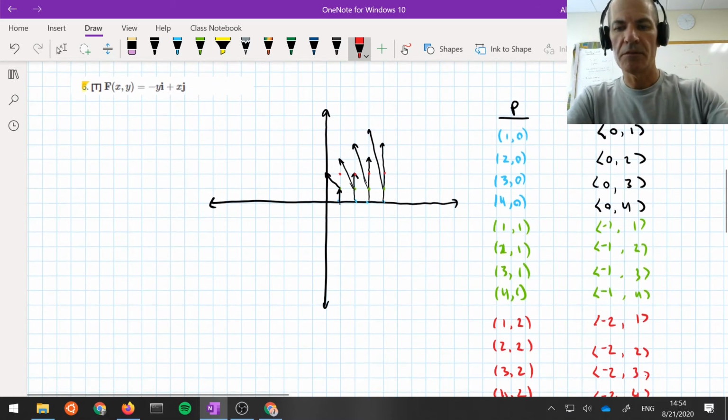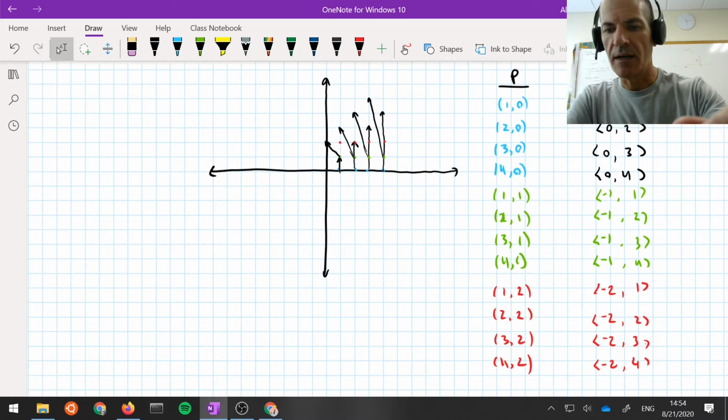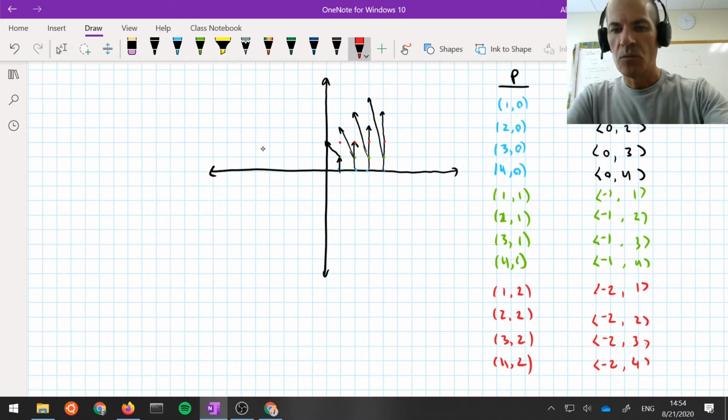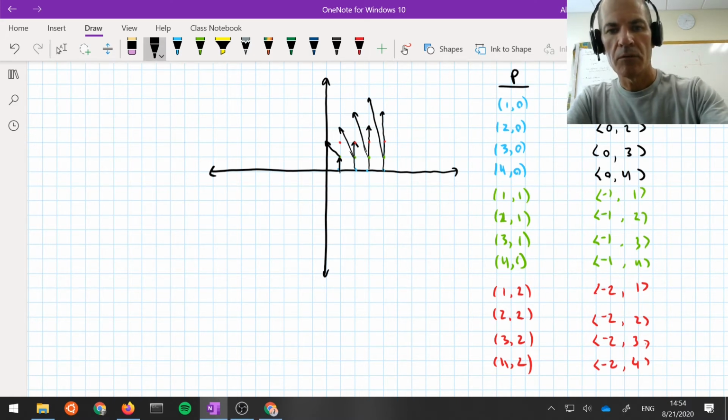All right, so let's do the red dots now. At 1, 2, we go 2 in the x and 1 in the y direction for a vector that looks like this. At 2, 2, we go 2 in the negative x direction, and 2 in the y direction, like that.